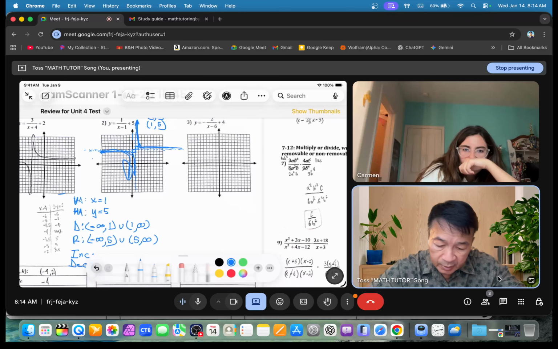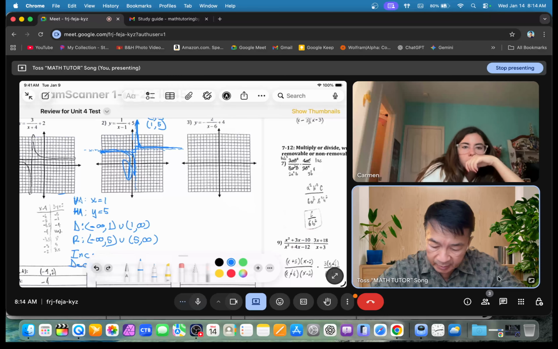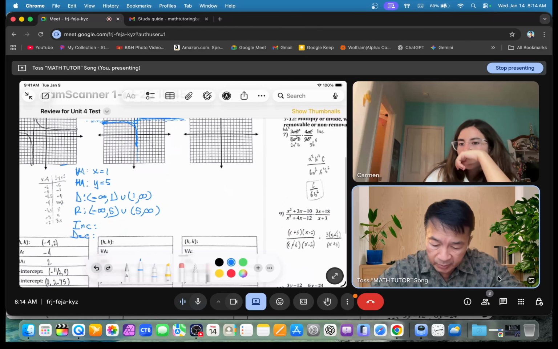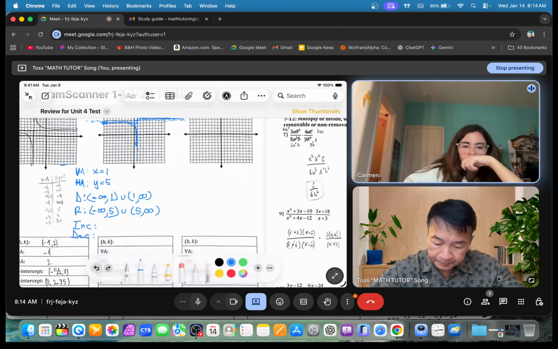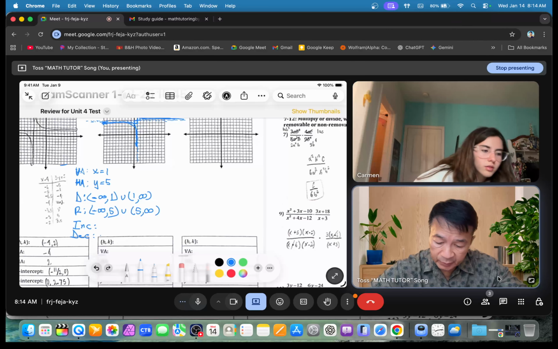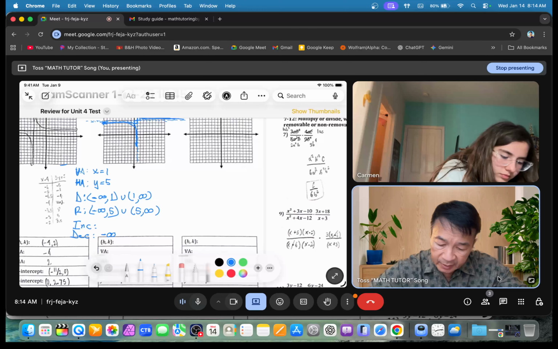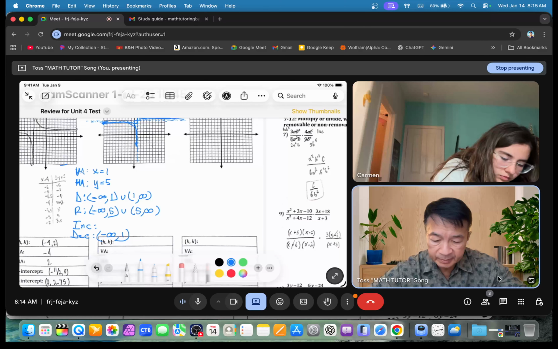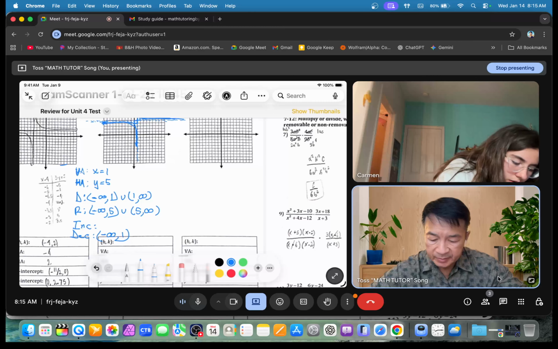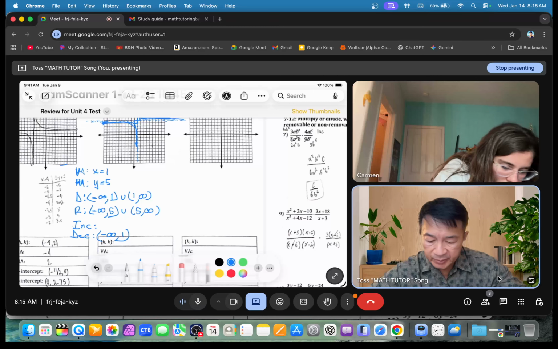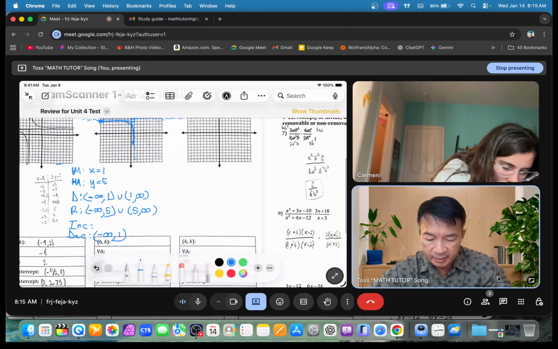So it's decreasing, because it goes down first, from left to right. It's decreasing from negative infinity all the way to 1, not including. Every time you do increasing or decreasing, you never use the bracket.